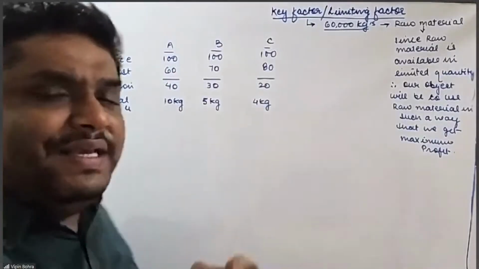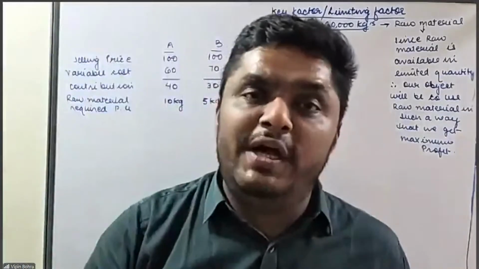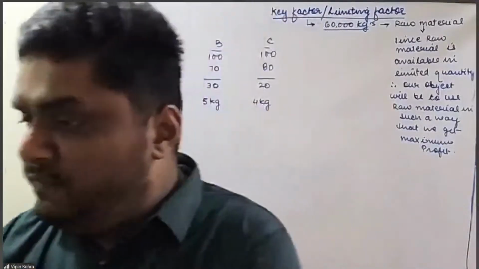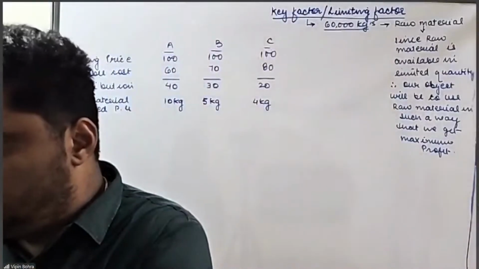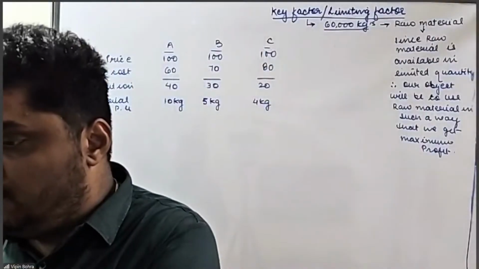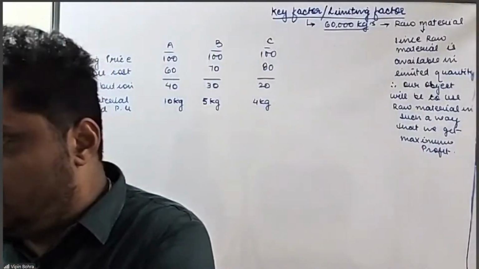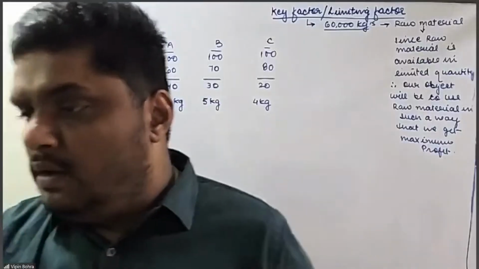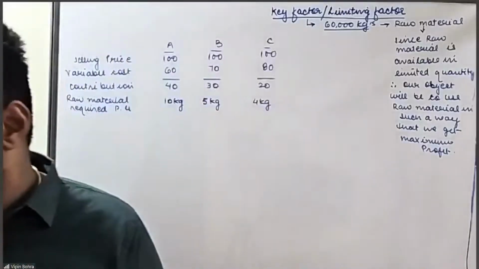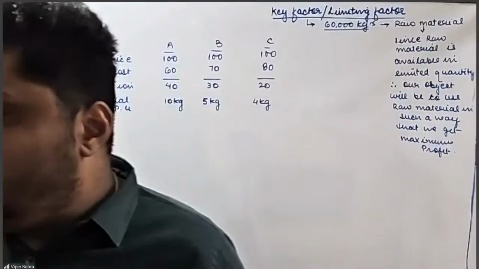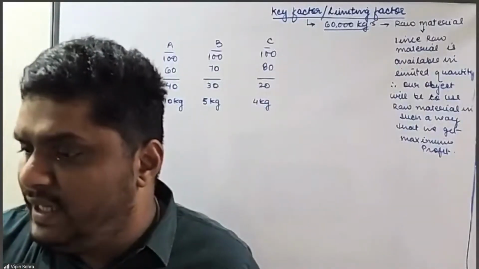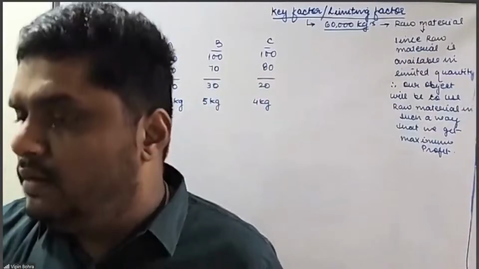Now, can you guys tell me or advise me which product we should manufacture so that we can get the maximum profit? Waiting for your answers. Okay, Anil, can you advise which product we should manufacture and sell so that we can get the maximum profit?